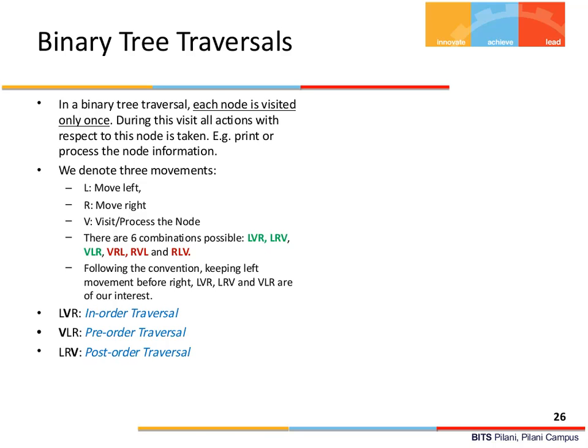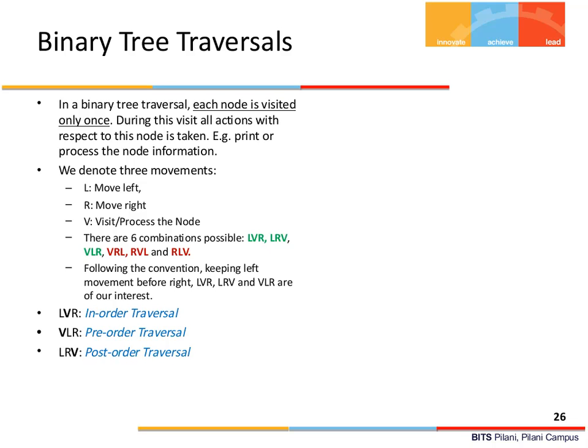How do we define these terms in English? LVR is called in-order traversal, VLR is called pre-order traversal, and LRV is called post-order traversal. Why this name?